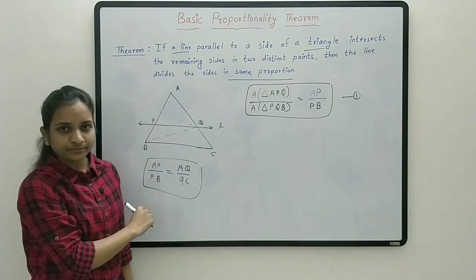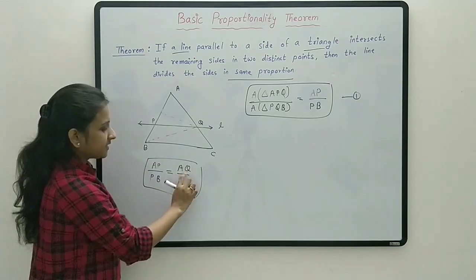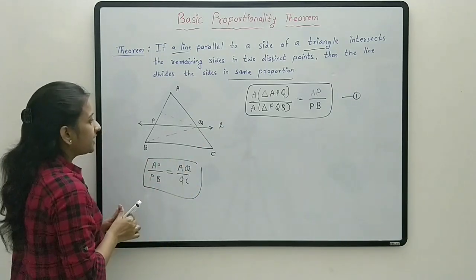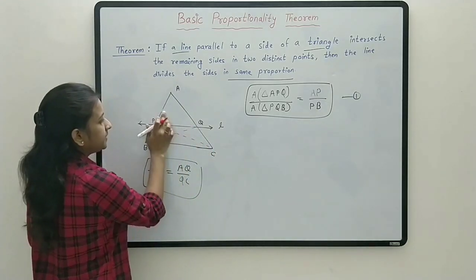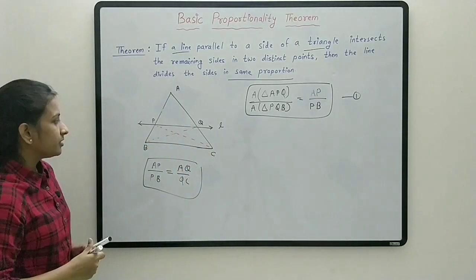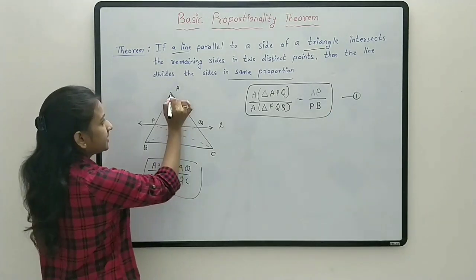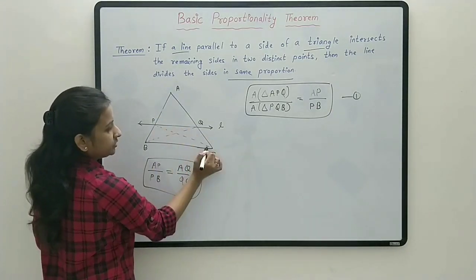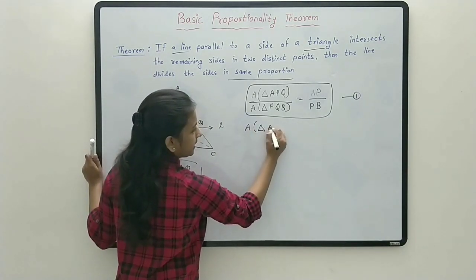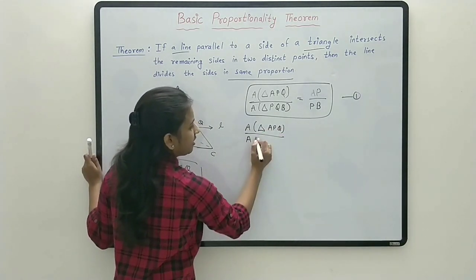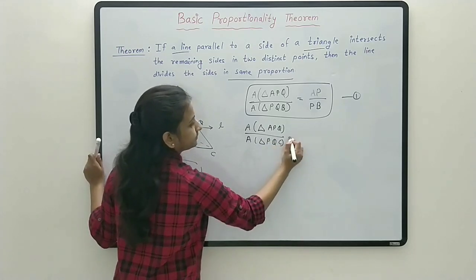This part is over. Now similarly let's bring the other part into the picture. For that I am drawing one line here, PC. Now again consider triangles APQ and PQC. Let's take the ratio of their areas, area of APQ upon area of triangle PQC.